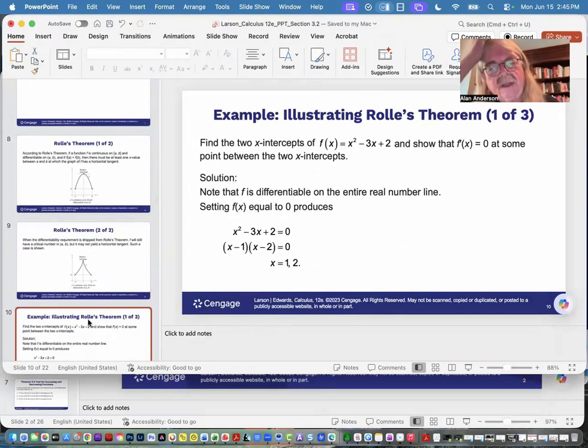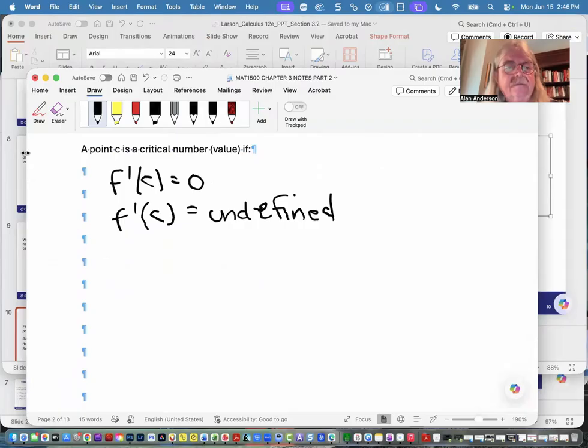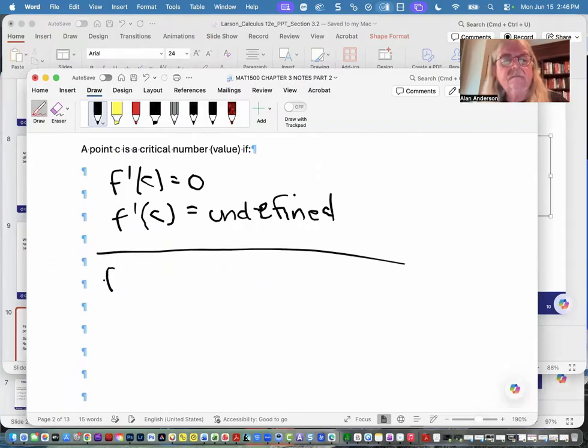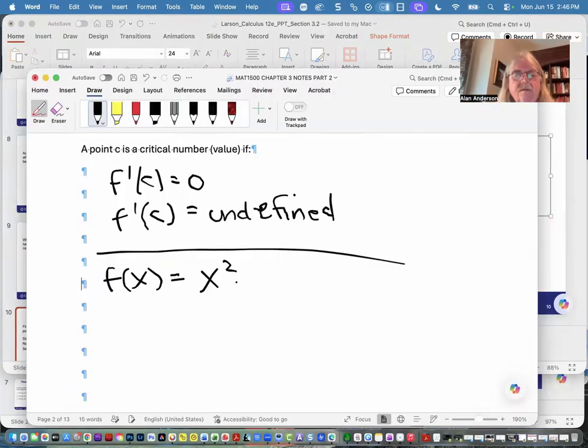So here's a numerical example we're going to look at. Here's the function. Now, this is a polynomial, which means that it's guaranteed to be continuous over any interval they give us. f(x) equals x squared minus 3x plus 2.